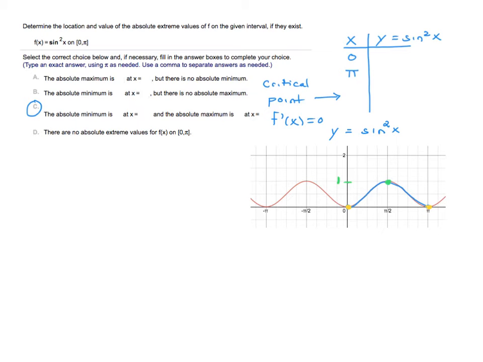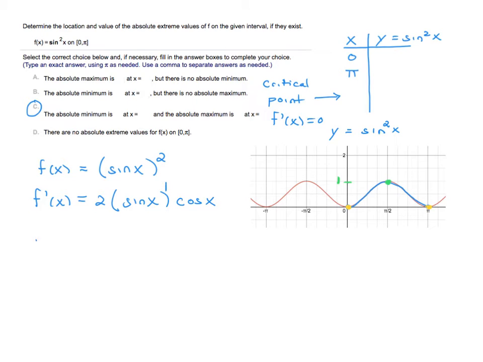All right, so the function f of x is equal to, maybe I'll write it as sine of x, quantity squared. This is what sine squared x means. We need to take the derivative and then set it equal to 0. The derivative is, we bring the 2 down front, we copy down the sine of x, we subtract 1 from the exponent, but then we multiply by the derivative of the inside of the parentheses, which is cosine.